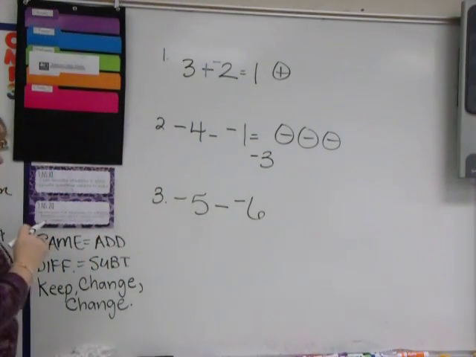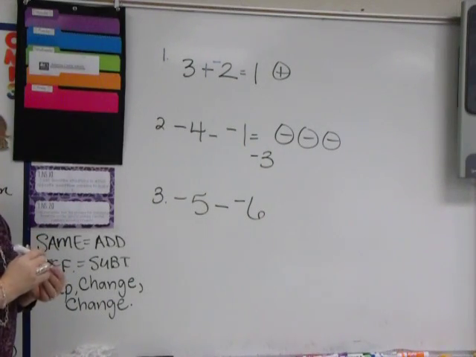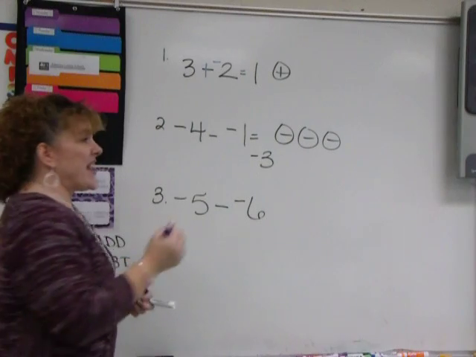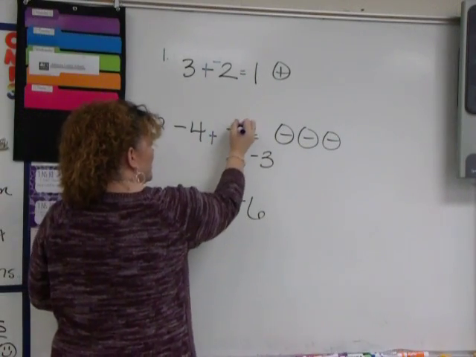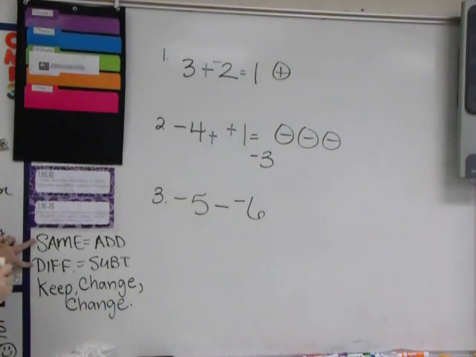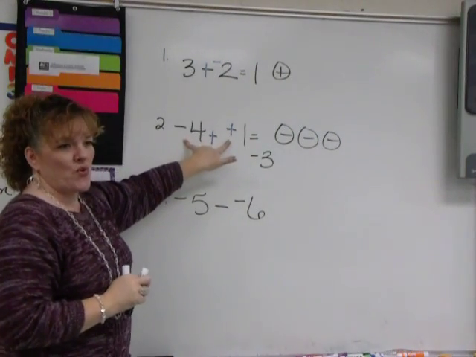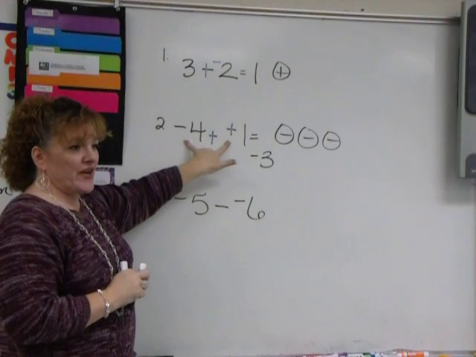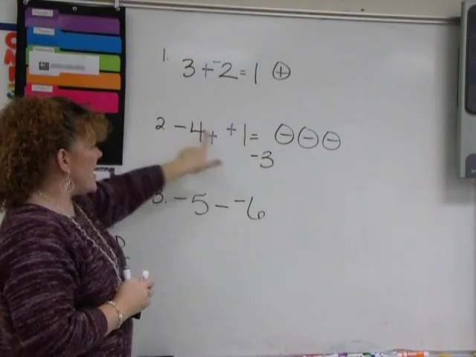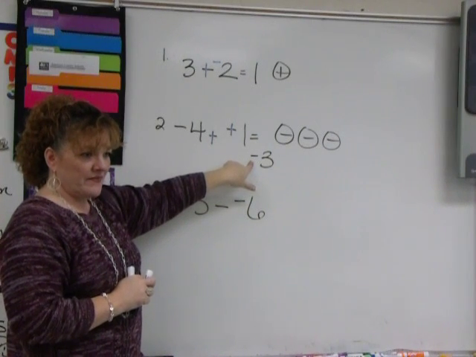That's what's left. Now, had I done this using the rule, I'm supposed to keep, change, change, then I turn this into an addition problem. Are the signs the same or different? Different. You subtract. 4 minus 1 is 3. The higher number is negative, so it's negative 3.